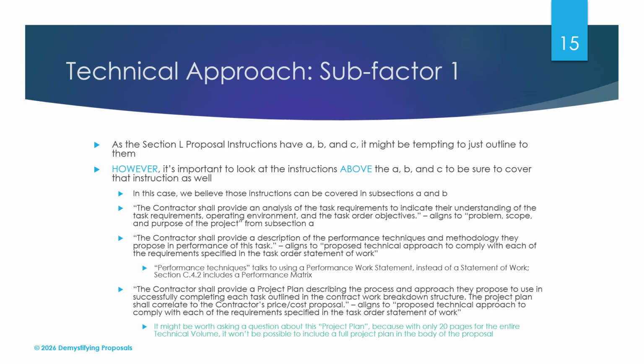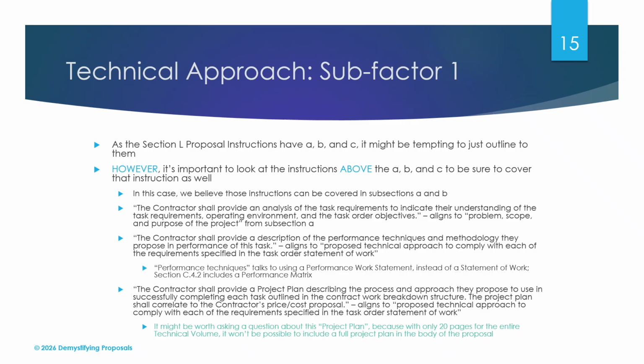So I think you could cover that analysis under problem, scope, and purpose. Then the contractor shall provide a description of the performance techniques and methodology they propose in the performance of this task. That aligns to the proposed technical approach to comply with each of the requirements. So I think that is covered in subsection B here.